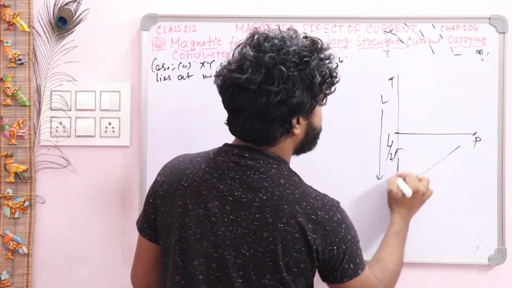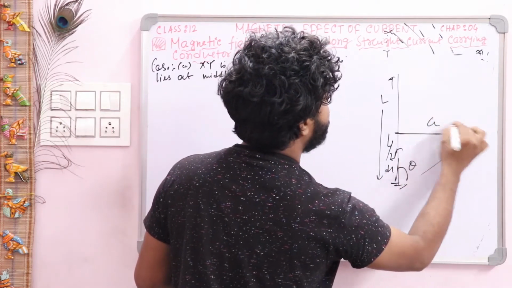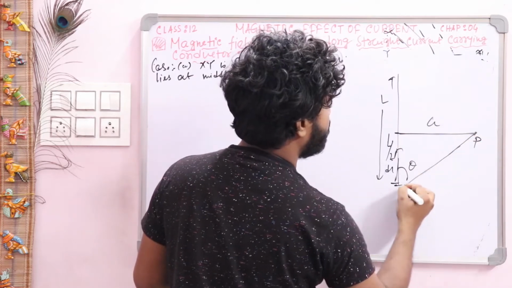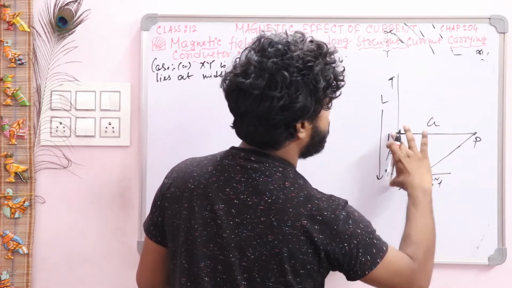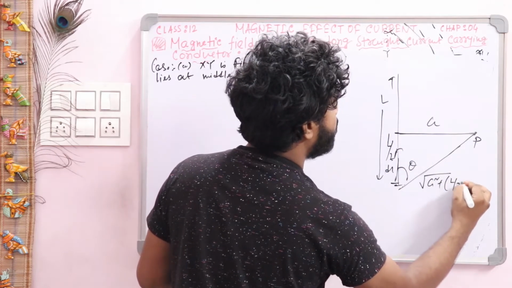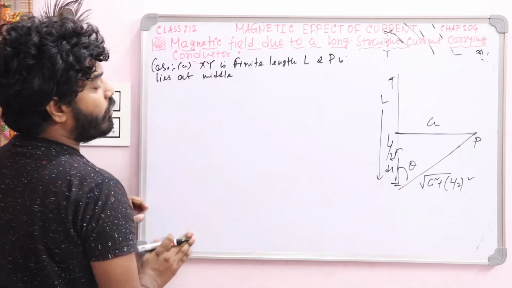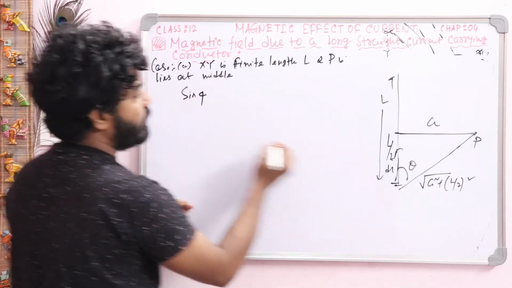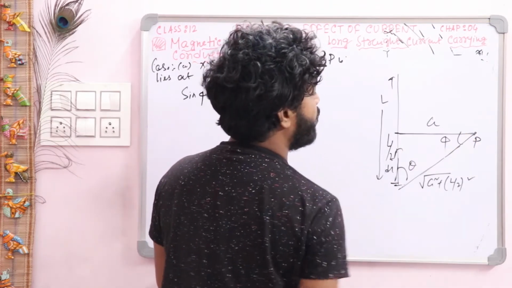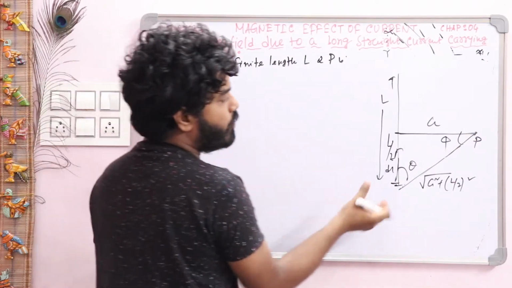This one is del L, this angle is theta, and this length is a. So this side will be root under a square plus (L by 2) the whole square. At first you find out the value of sine phi. This angle is phi. So sine phi means perpendicular by hypotenuse.